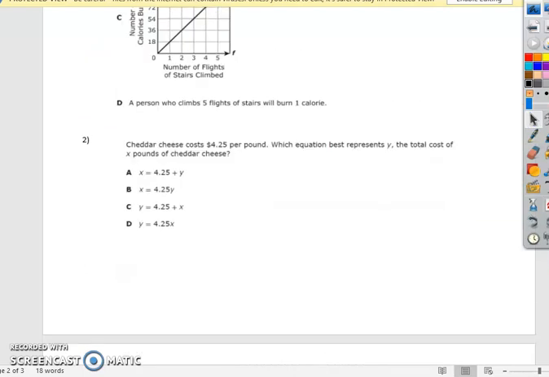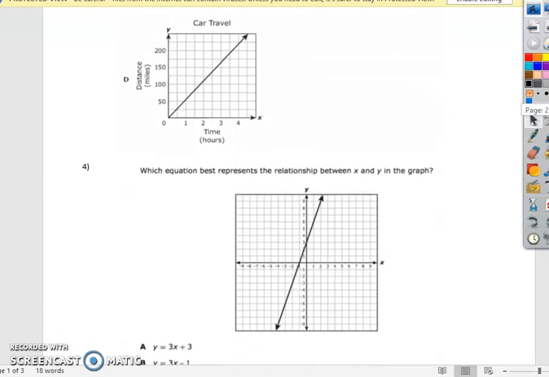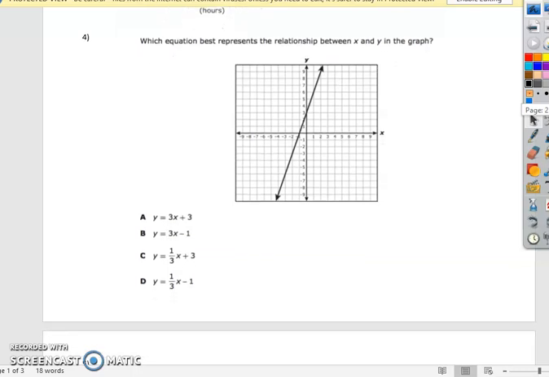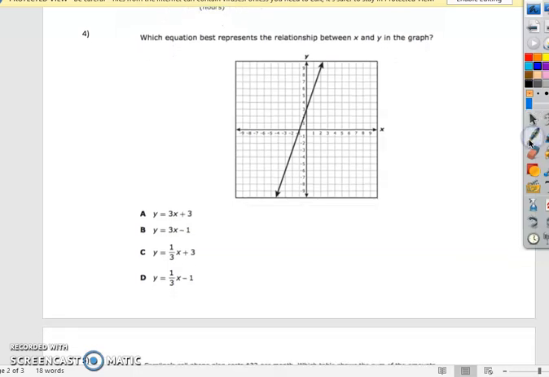Okay. Now let's try number 4. We did one of these before break. Okay. So hopefully the first thing you notice is it is not proportional. So it is not y equals kx, because it doesn't go through 0, 0. So that means it's y equals mx plus b.